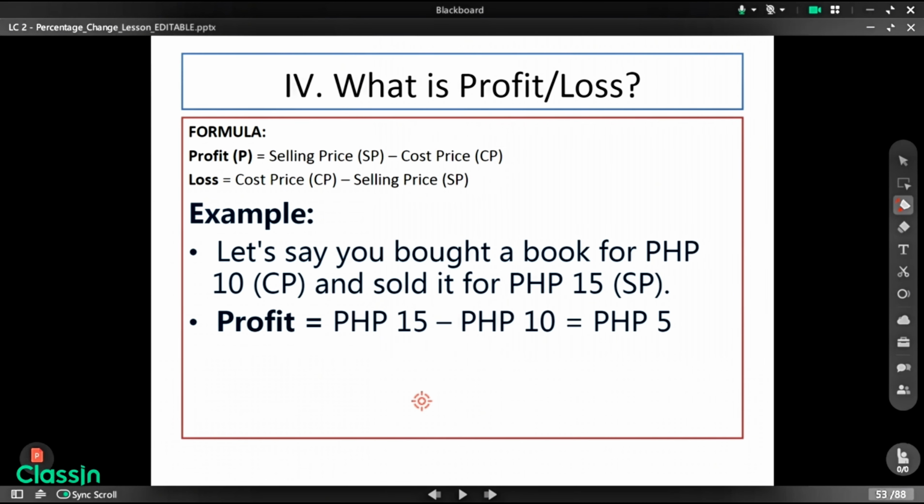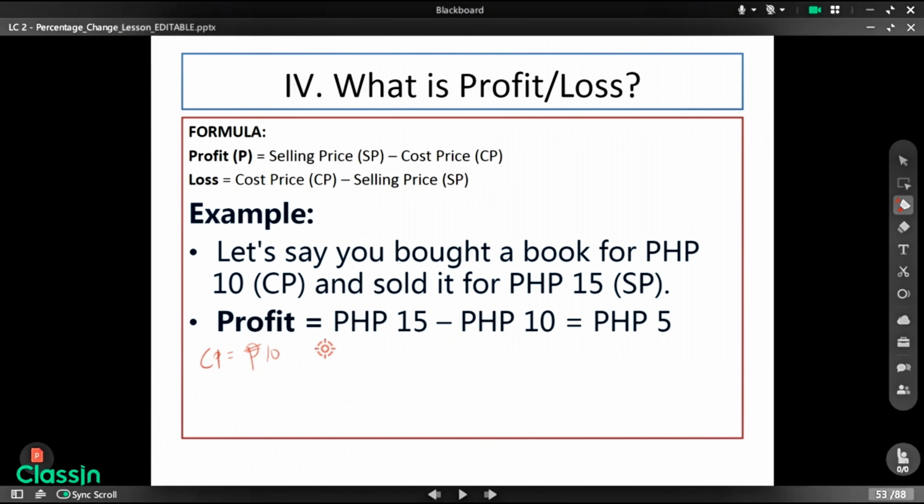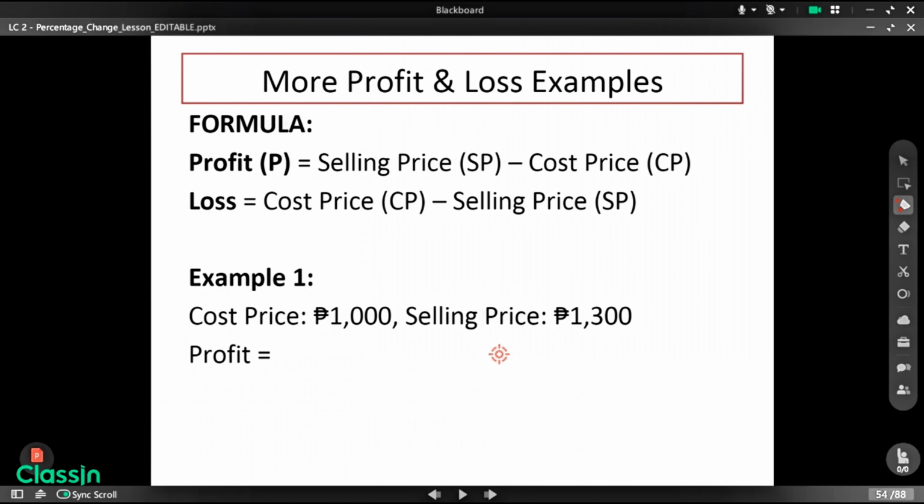Let's try an example. Let's say you bought a book for 10 pesos and that will be your cost price. And your selling price is 15 pesos. So your profit will be 5 pesos because 15 minus 10. Let's proceed with another example.